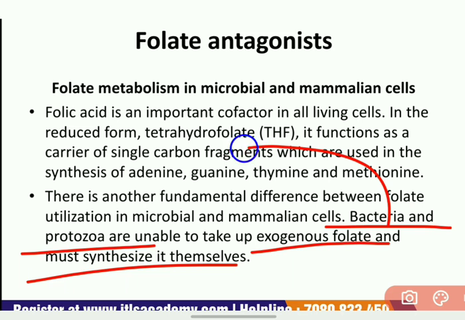This is carried out in a series of reactions involving first the synthesis of dihydropteroic acid from one molecule each of pteridine and para-aminobenzoic acid, that is PABA. Glutamic acid is then added to form dihydrofolate, which is reduced by dihydrofolate reductase to tetrahydrofolate.